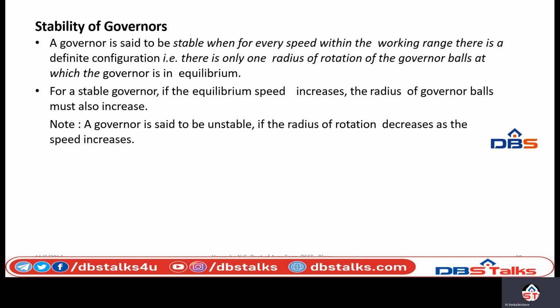For a stable governor, if the equilibrium speed increases, the radius of rotation of the balls must also increase. A governor is said to be unstable if the radius of rotation decreases as the speed increases. So this is the main difference.